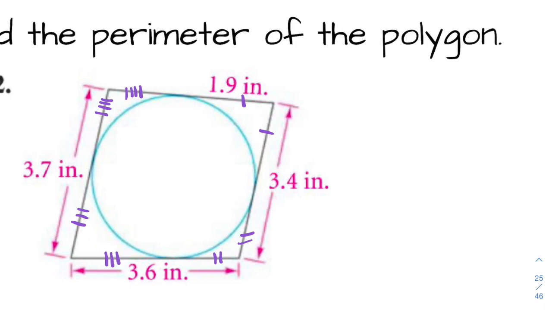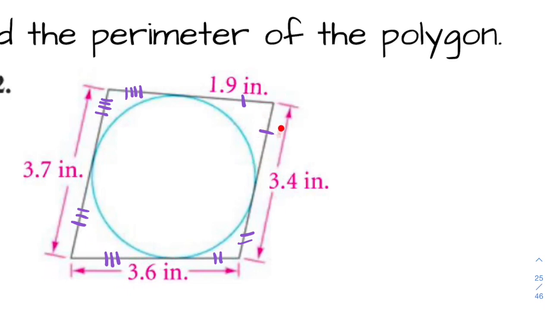Now, it looks a little bit confusing. You almost want to make this side 3.6, but that's not what we're going to do. I know that this is 1.9, so look at how this part is 1.9. This part's also 1.9, right?